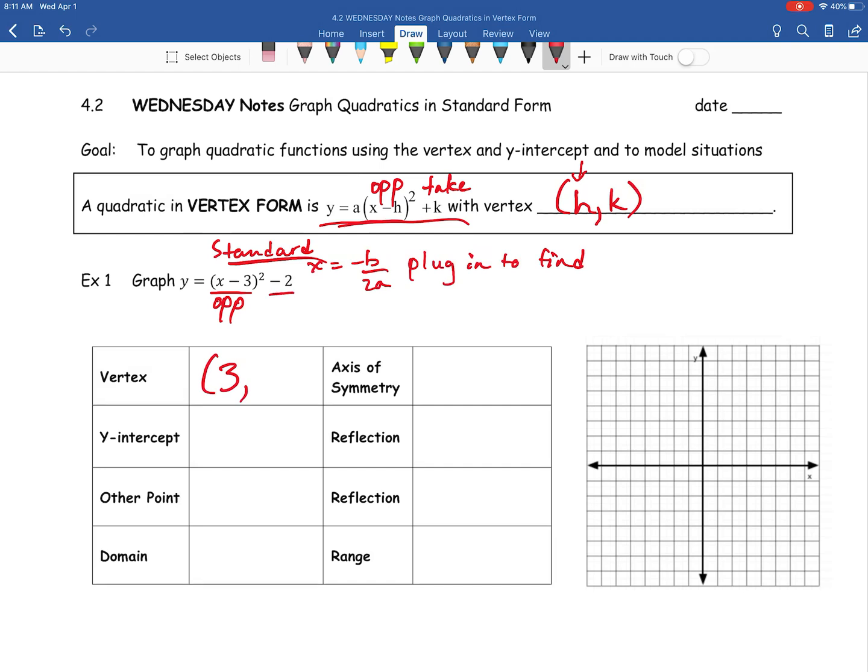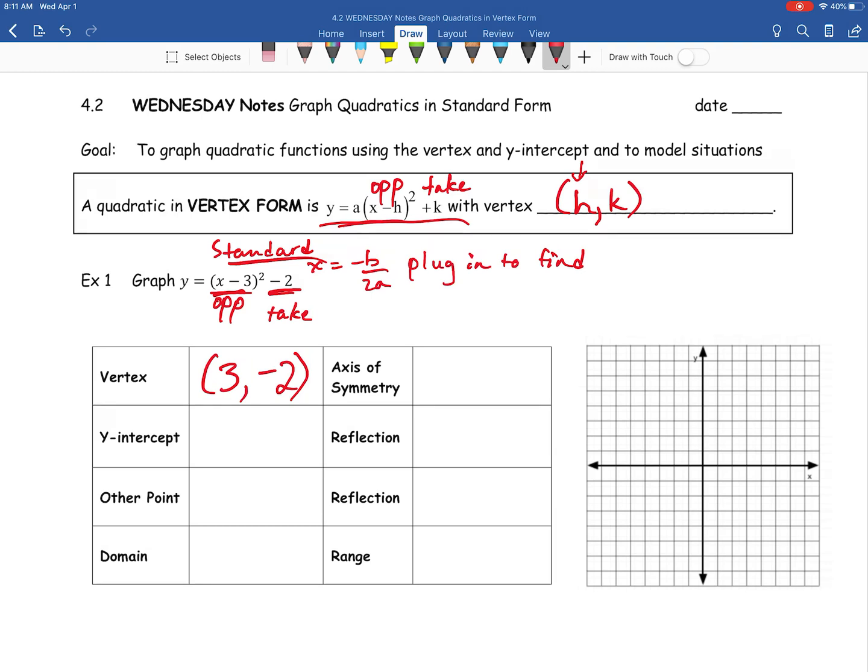Then our k value we take just as it is. Notice there's a negative 2 in front, so we're going to have our y value be negative 2. To find your vertex, it's just the opposite of the value inside your parentheses, and then your y value is whatever k is.